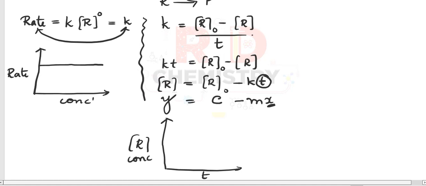This is a straight line with a negative slope, so we'll be getting a straight line like this. Here we have got the intercept, and this intercept c is equal to R naught, and the slope would be negative. The slope would be equal to minus k, right?